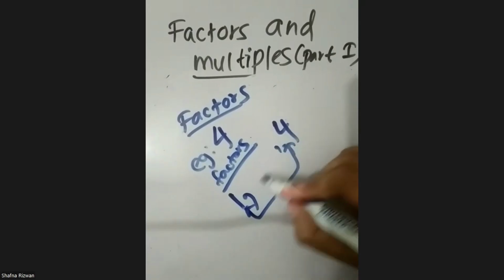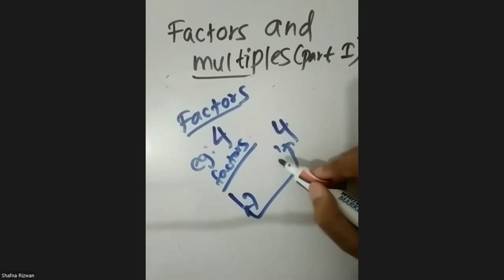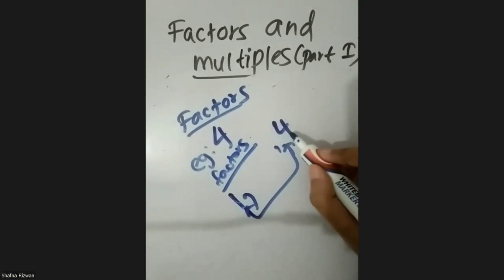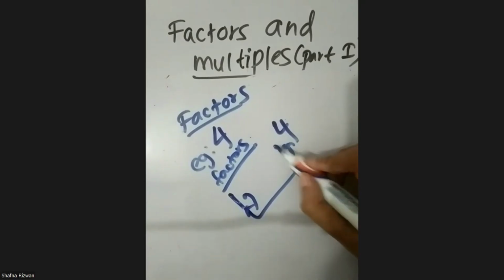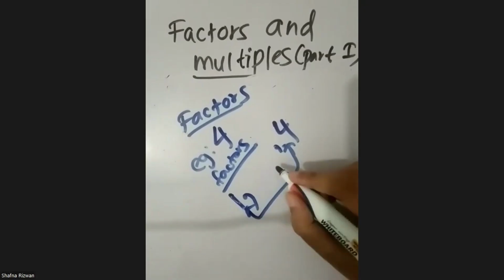Always remember to keep a space in between, so that you can write 1 here and 4 here, the number itself. For any number you will have this as your factor.